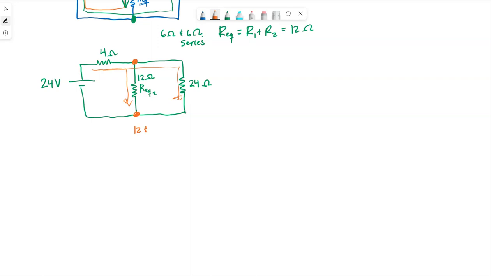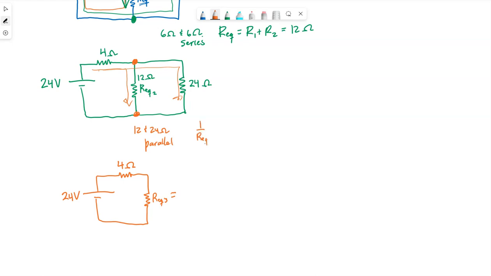So 12 and 24 ohms are in parallel. If I want to redraw the circuit, which I always do to make sure I am accounting for things properly, I still have the 4 ohm up here. This is an R equivalent 3.